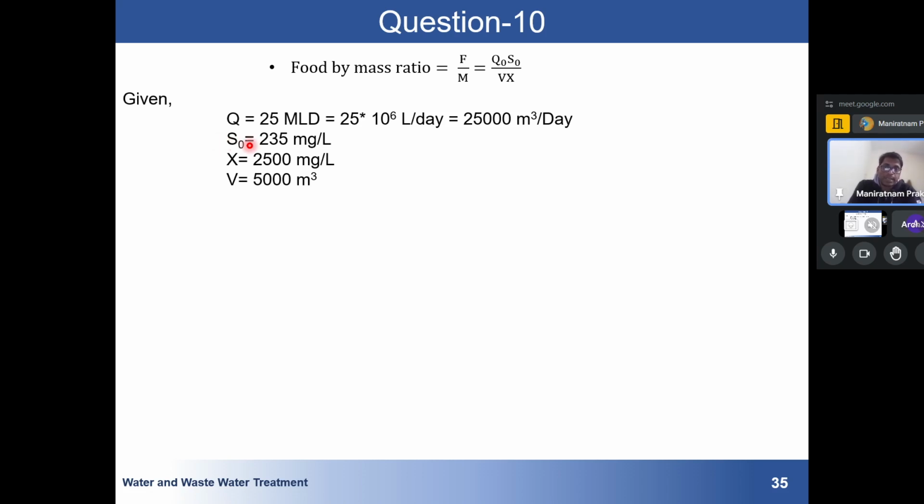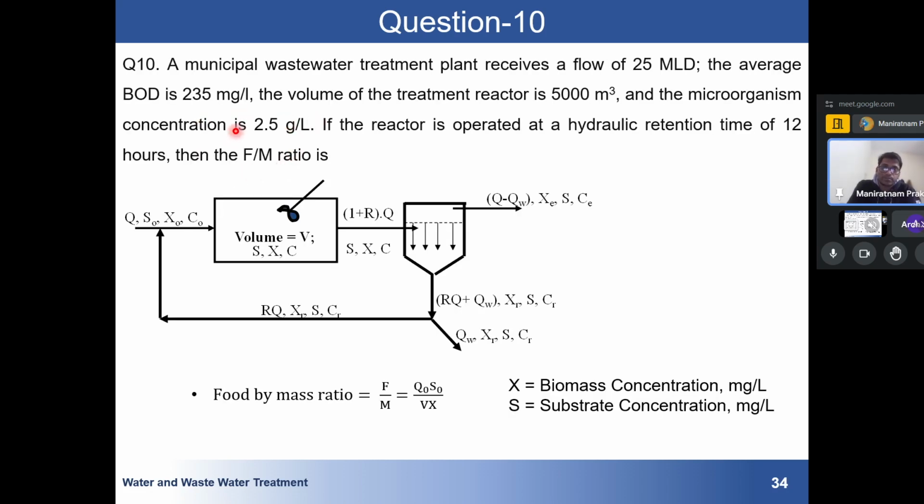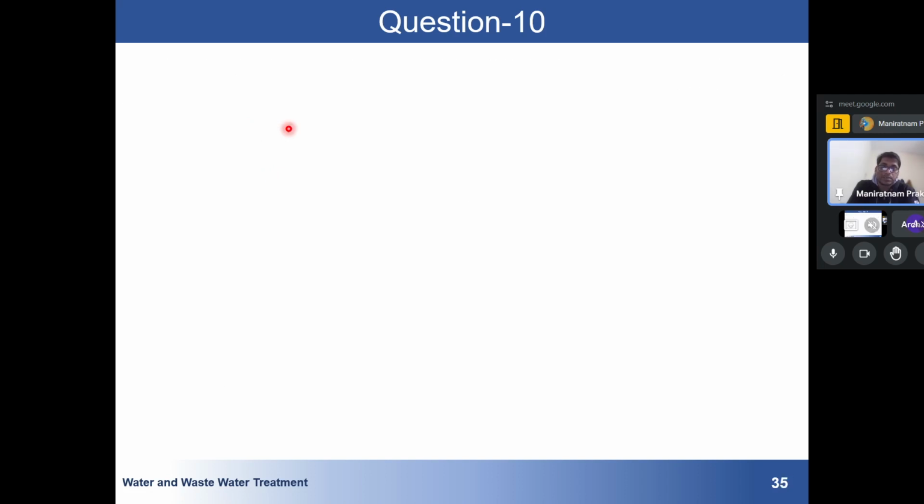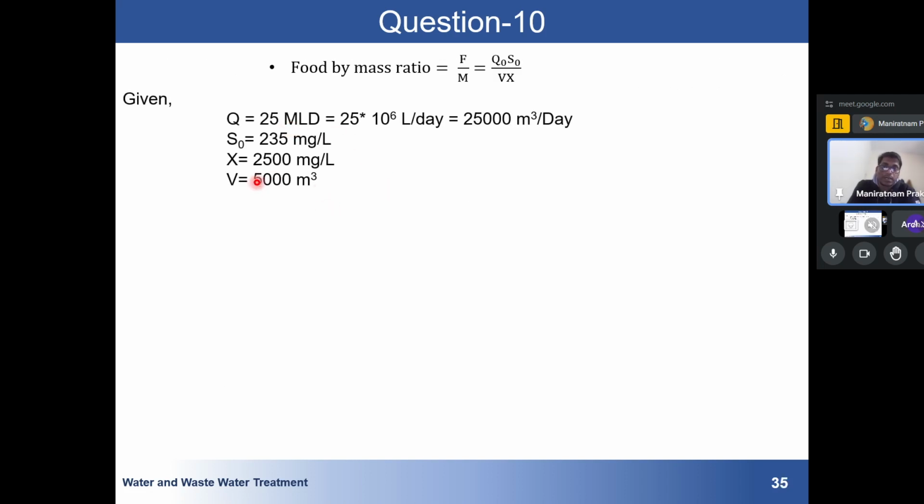The X is, remember, 2.5 gram per liter. So I have converted it into milligram: 2500 milligram per liter, and the volume is 5000 meter cube. So I will be putting here 25,000 meter cube per day, 250 milligram per liter, 5,000.